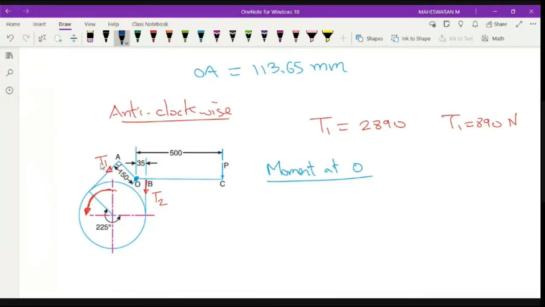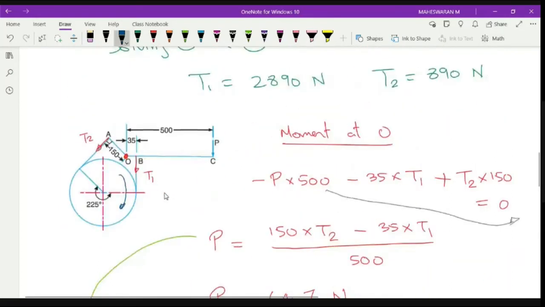Yes, this is T1 now and this is T2 now. But in the previous case also we got T1 as 2890, no, sir? This force is 2890 Newton, torque is 2890 Newton mm, then in the next case T2.